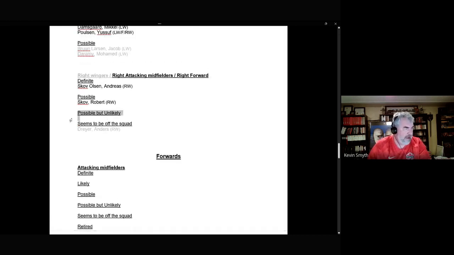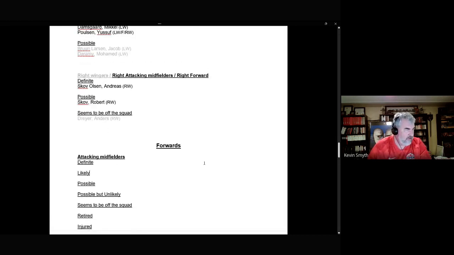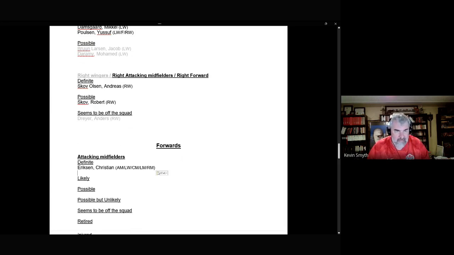Okay, well, that is it for the midfield, and we move on to forwards because we add attacking midfielders as part of the forwards discussion. So for attacking midfielders, we have Christian Eriksen as a definite candidate, having recovered from the frightening incident in the Euro Cup there in the summer of 2021.